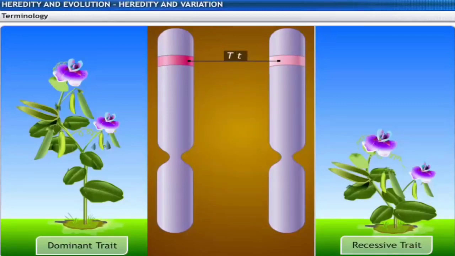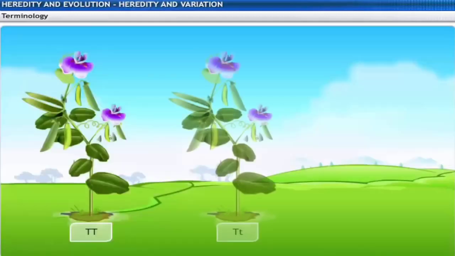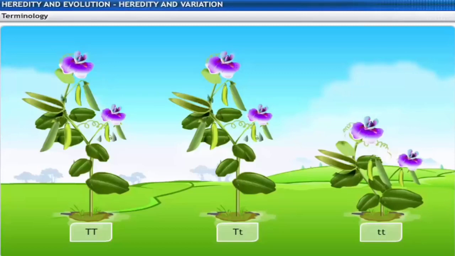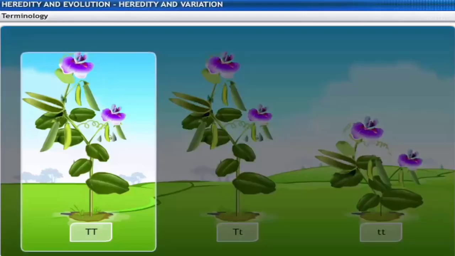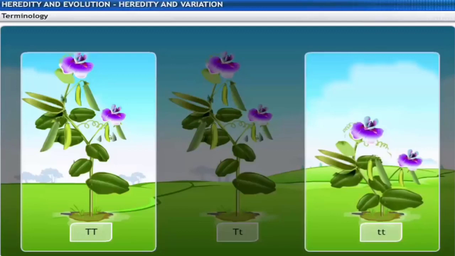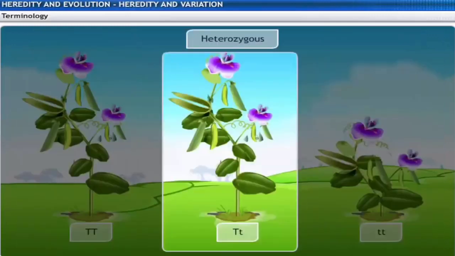These alleles combine to make a genotype such as TT or Tt or tt. TT and tt are homozygous, and Tt is referred to as heterozygous.